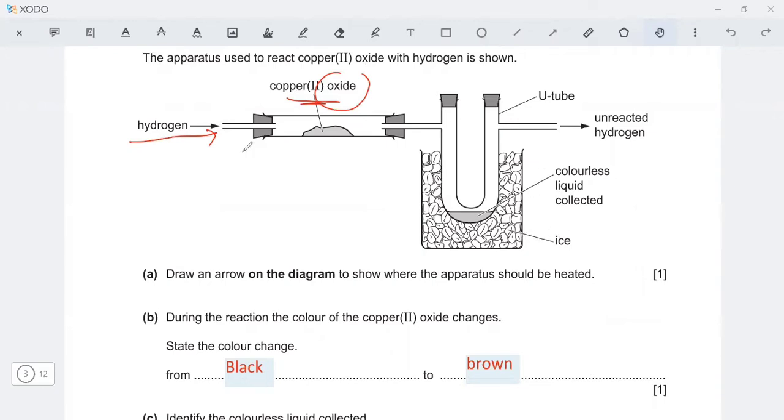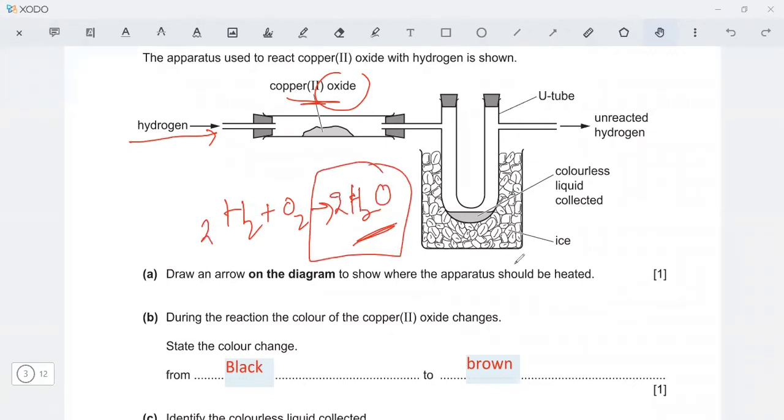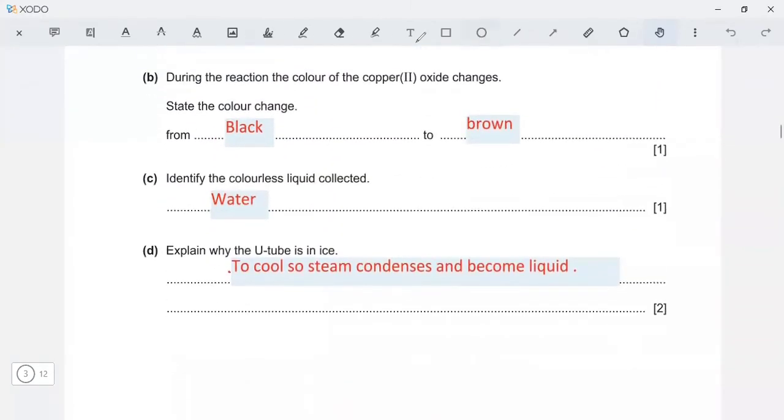So when hydrogen and oxygen react together, it forms water. This water is collected over here, so this is the colorless liquid. The answer will be water. You can write just water or H2O. If you are confident with the formula, then you can write H2O.